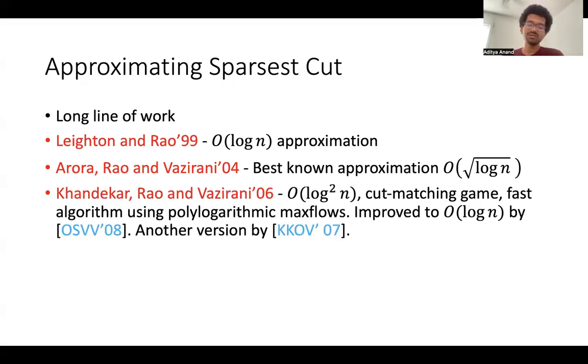In terms of fast algorithms, the cut matching game was introduced by Khandekar, Rao, and Vazirani. They gave a log squared n approximation, and the runtime of their algorithm was only polylogarithmically many max flows. It was later improved to log n by Orecchia, Schulman, Vishnoi, and Vazirani. Another version of the cut matching game was also introduced by Khandekar, Khot, Orecchia, and Vishnoi. In fact, that's the version which we will be using.